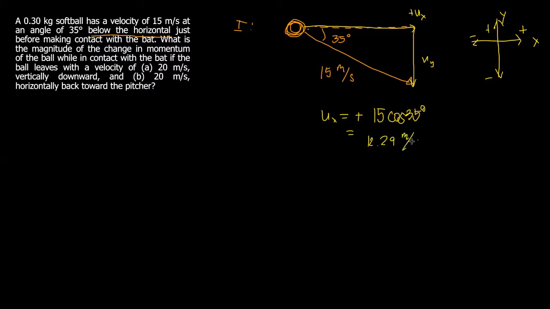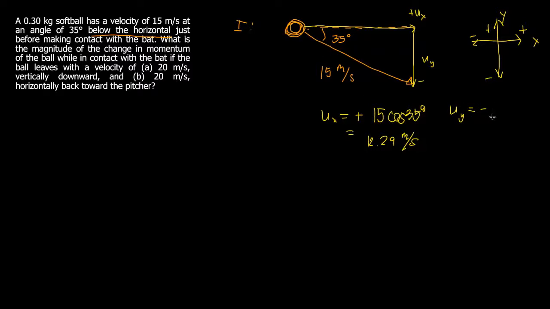meters per second. On the other hand, meron tayong u sub y. Ang u sub y ba natin is moving upwards or downwards? It is moving downwards. Therefore, it has a negative velocity. So it's negative. Then it is the opposite of the angle.